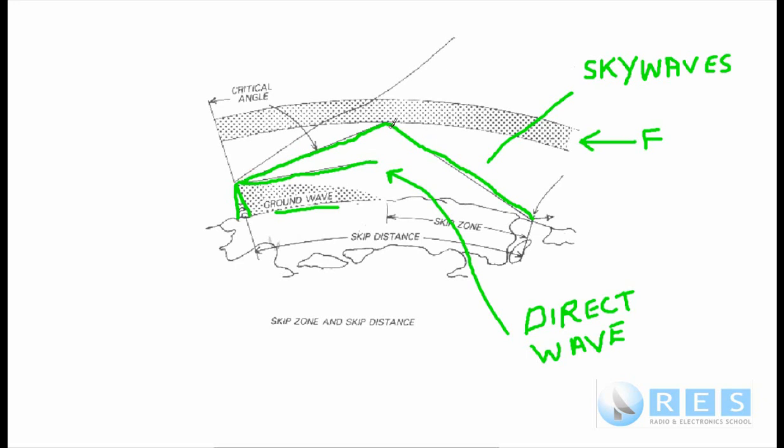This is not a particularly good diagram here because this skywave looks like it's reflecting off that ionospheric layer when in fact what really happens is the wave enters the ionosphere and begins to be slowly bent. And if it's bent enough, it will return to Earth.